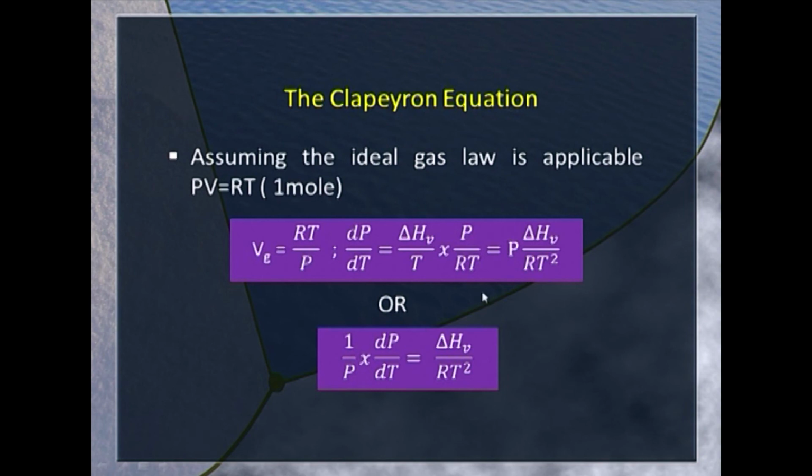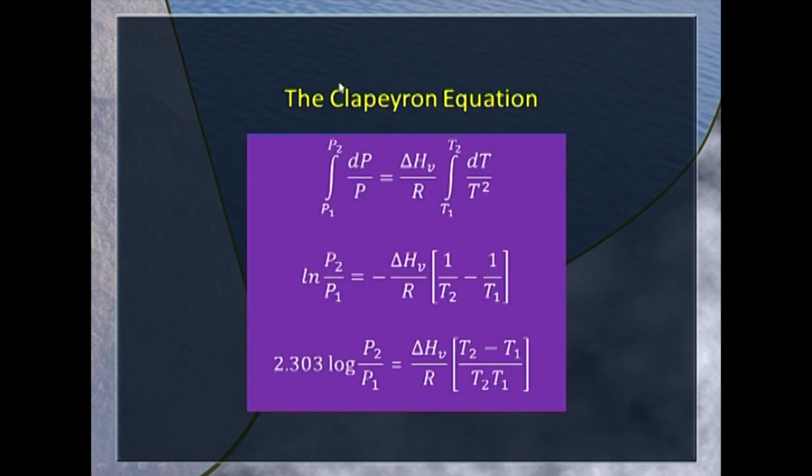So, P by RT, and we get the expression dP by dT equals P delta H_V by RT squared, or we can rearrange the terms, the P is cross multiplied and we can carry out the integration with limits. The pressure changes from P1 to P2, dP by P, and the temperature goes from T1 to T2, and this can be written in the natural logarithm, ln P2 by P1 equals, this term is going to give minus 1 upon T, and when we put the upper and lower limits, I have taken out the negative sign, but in the final expression this sign is incorporated inside, and that leads to the expression.